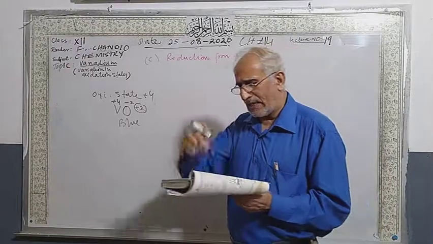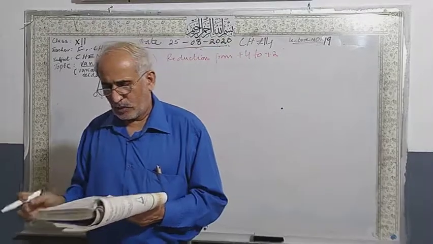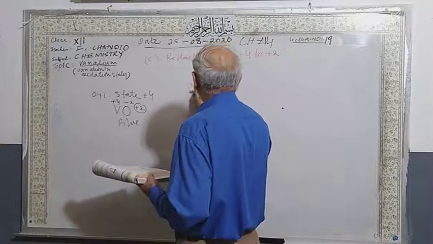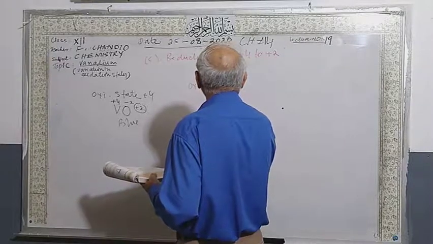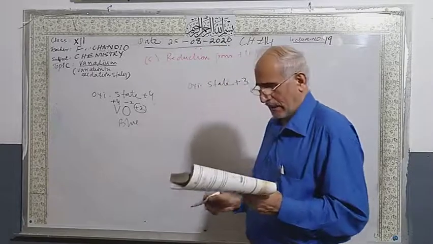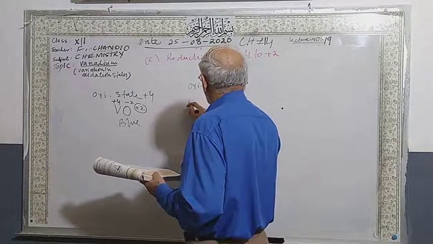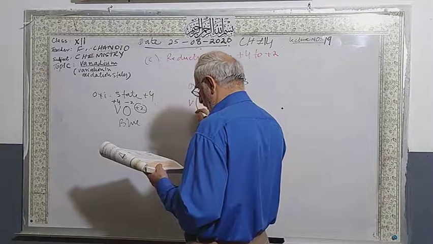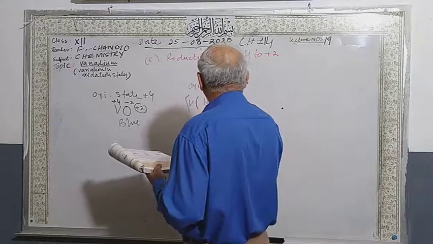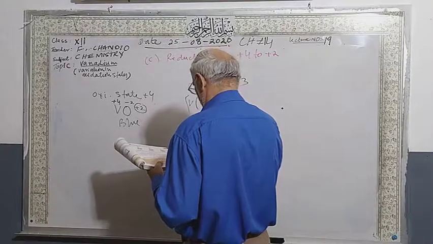Intermediate, I told you the color is in between, somehow violet and blue. There is an intermediate oxidation state, which is plus 3, in between 4 and 5. So the complex is vanadium with water, and there are 6 of them, like this one.